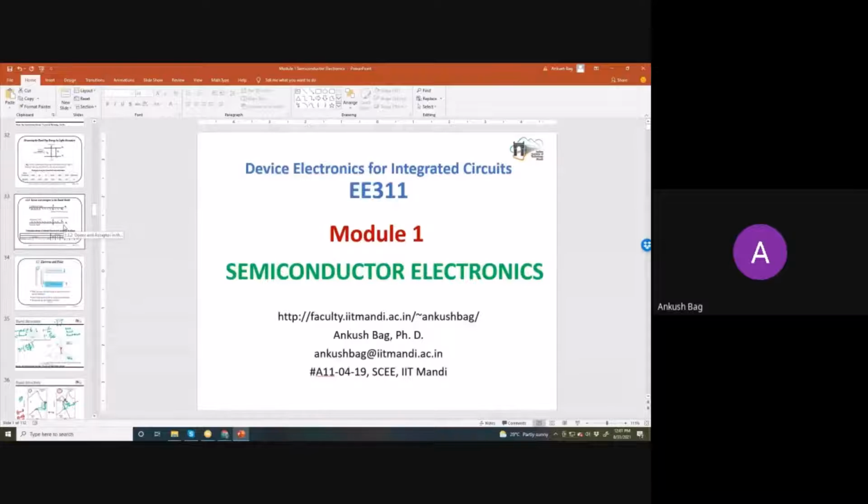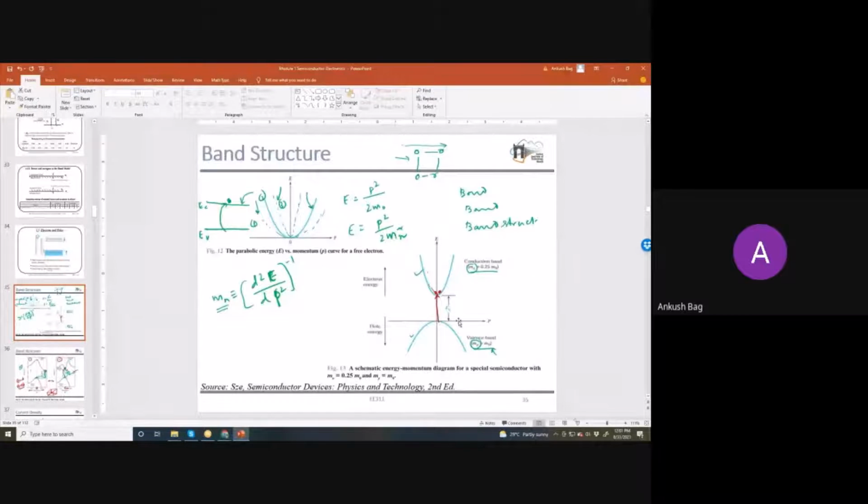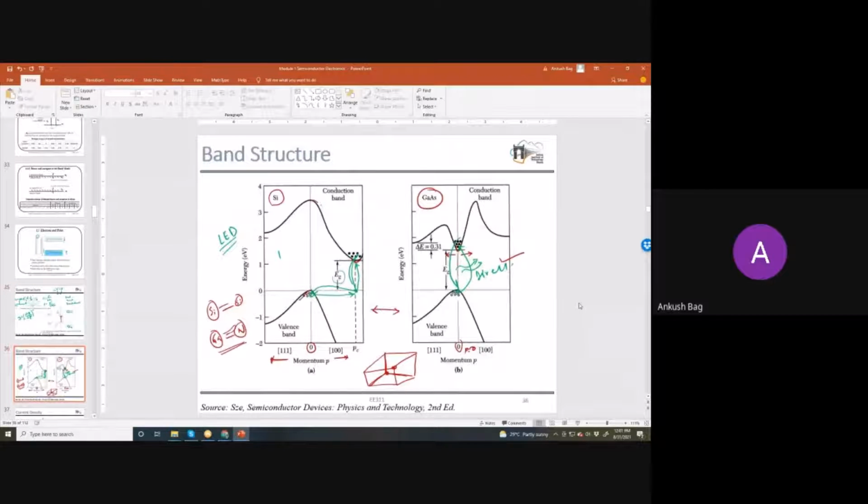In last class, that means in last week Friday's class, we basically discussed how the band structure is forming, after discussing the bond model as well as the band model of semiconductors. We discussed how the band structure gives us the effective mass, whether a particular mass, like electron mass, will be lighter or heavier.